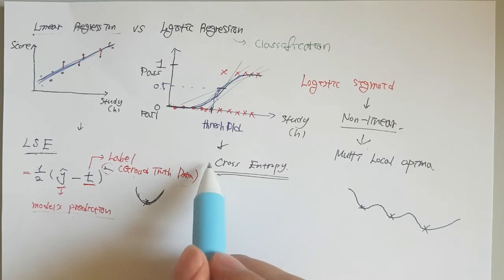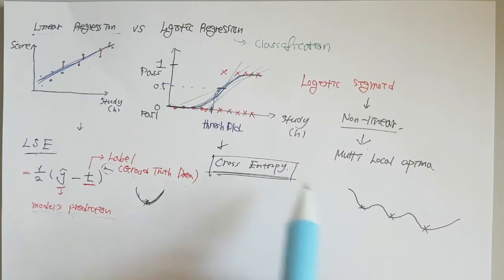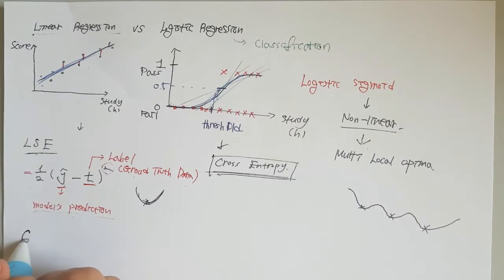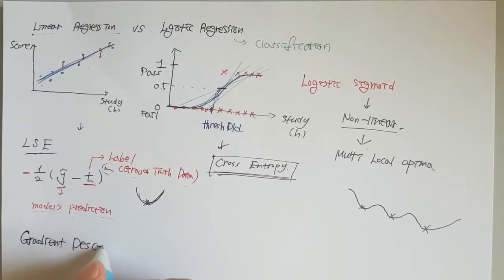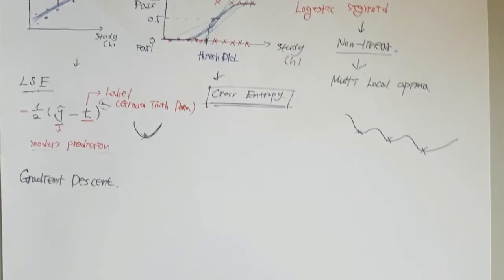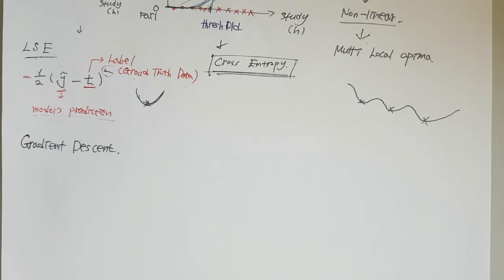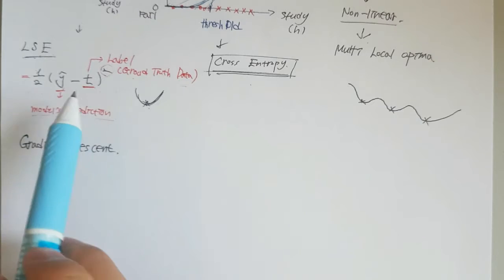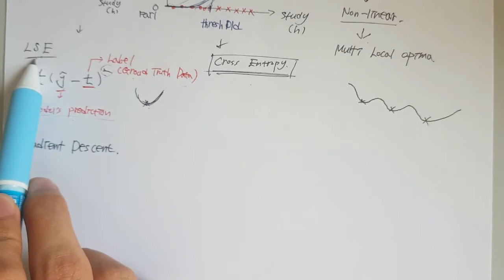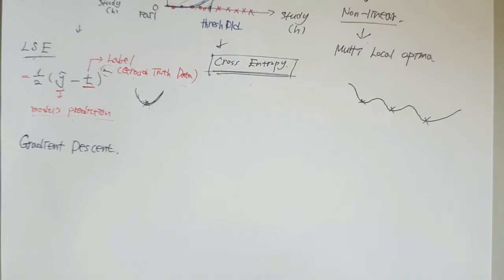So in order to learn about cross entropy, please go back to the first video. And then gradient descent. Because I said we will have a convex form by using least square error or the cross entropy function.